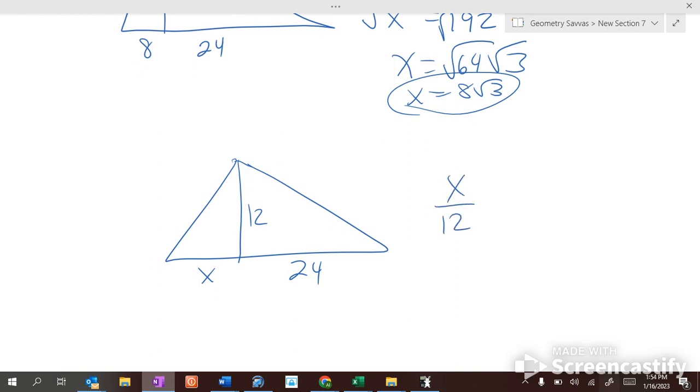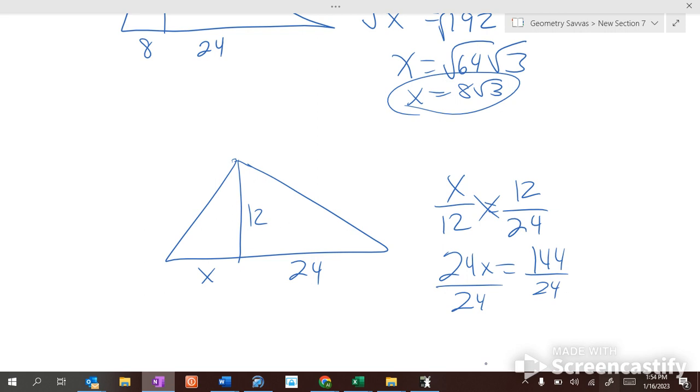You look like you're not paying one bit of attention, but you know exactly what's going on. Good job, young man. So x over 12 equals 12 over 24. If we cross multiply, 24x equals 144. And if we divide by 24, what do we get? 6.